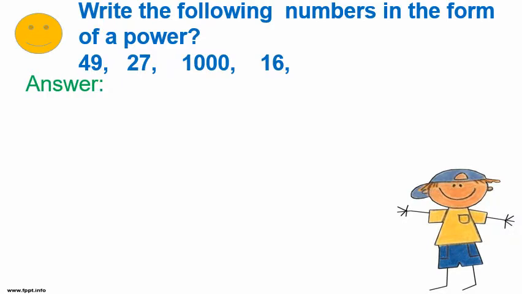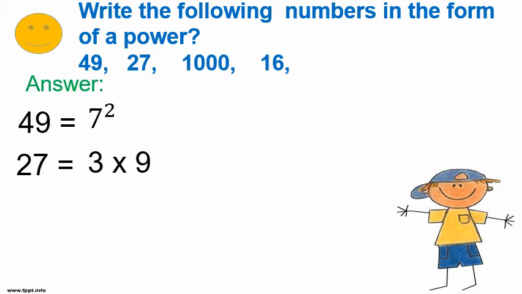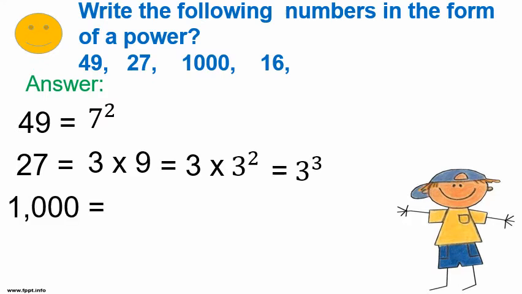Okay, also we want to write these numbers in the form of a power. 49 is 7 times 7, which is 7 squared. 27, you can use the tree method, which is 3 times 9, and instead of 9 you can write 3 squared, so it's 3 times 3 squared to give me 3 cubed. 1000, directly we can write 10 cubed because we have 3 zeros.